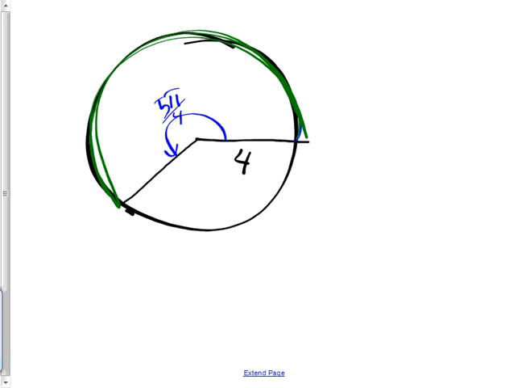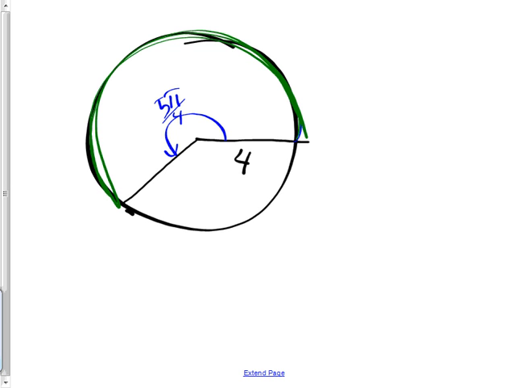Good question. The other one wouldn't be, the central angle wouldn't be 5 pi over 4. This would be less than 5 pi over 4, right? Because 5 pi over 4 is more than a pi, and this is definitely less than pi. To get to pi, you'd have to go all the way up to here. So it wouldn't work if you tried to do it the other way.